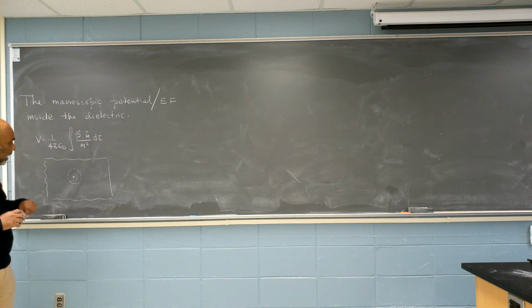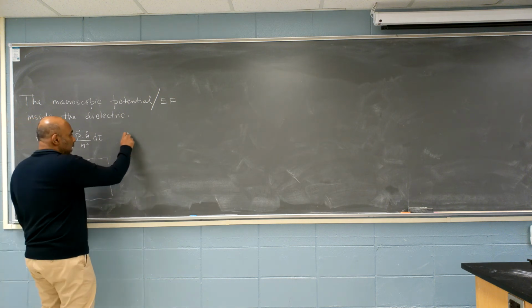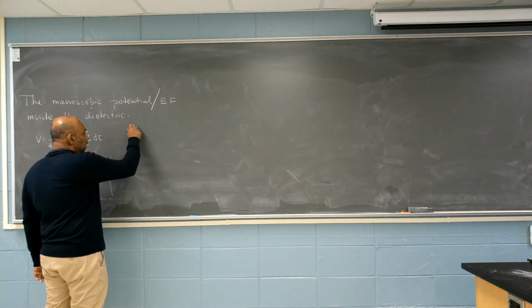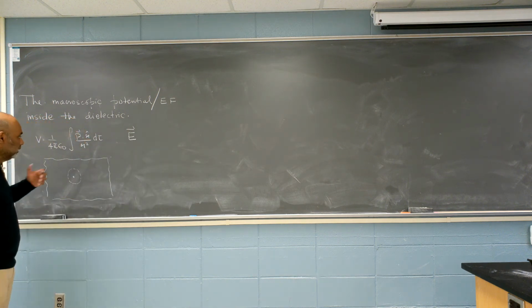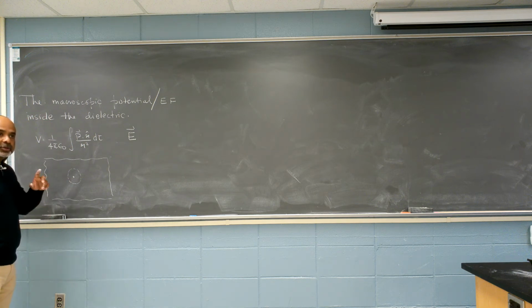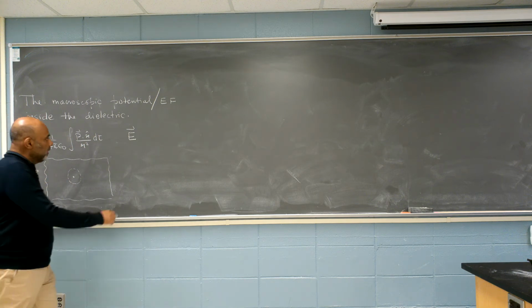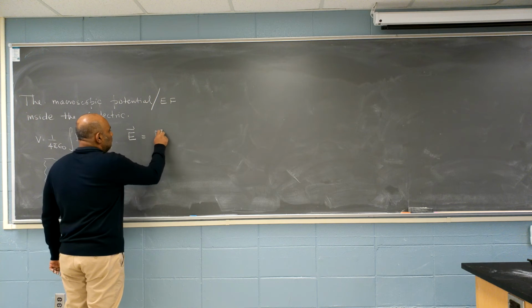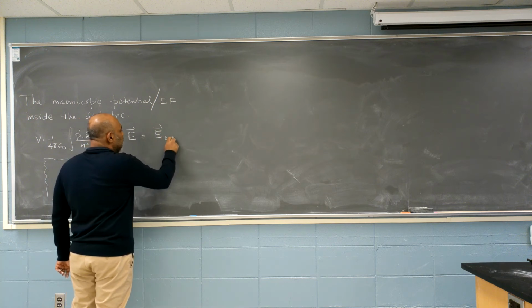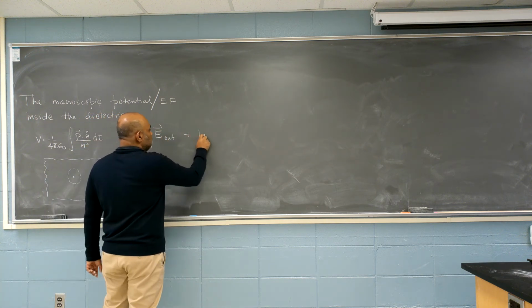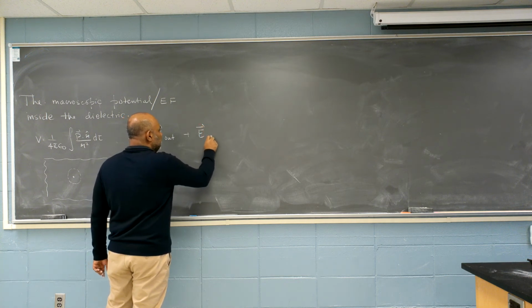So it is not really microscopic, even though it is in the material. I want the aggregate, average field. And then I'm going to say that the E field at some point over here is due to two things: E equals E out plus E in.